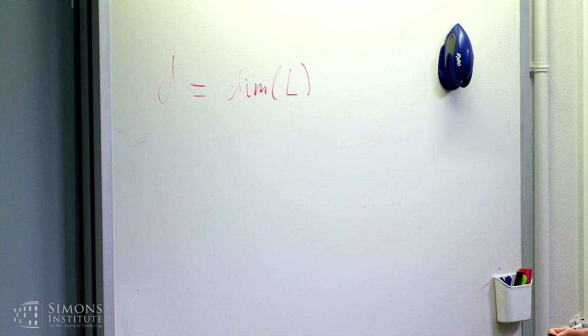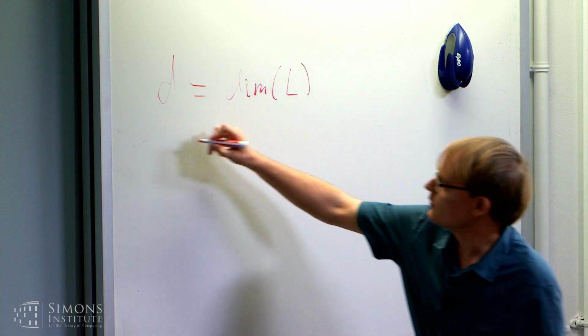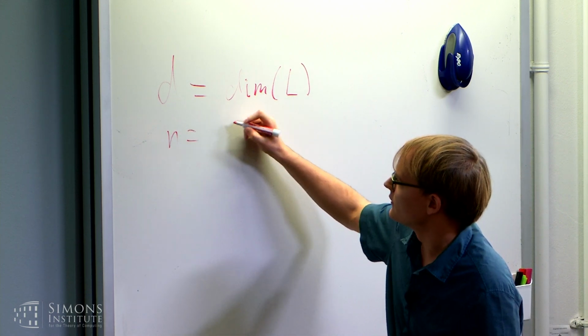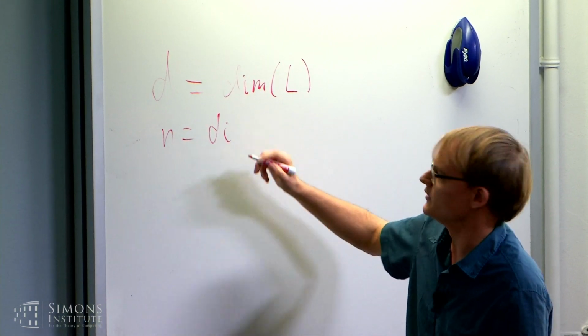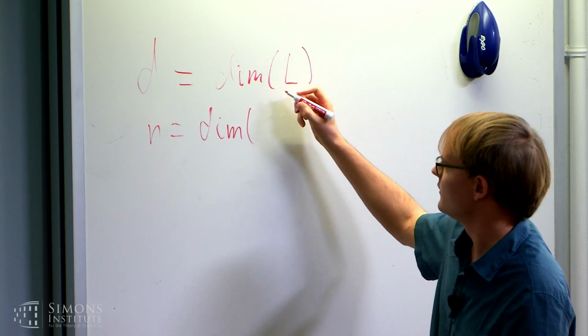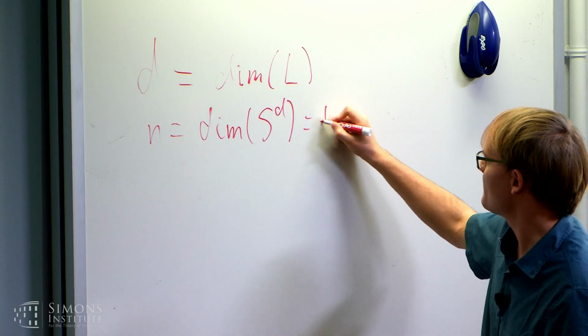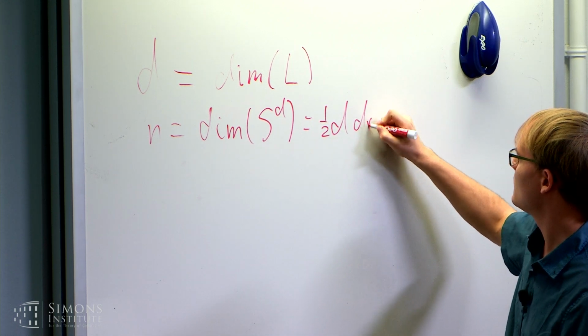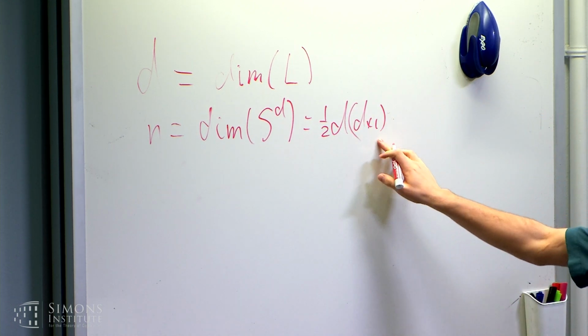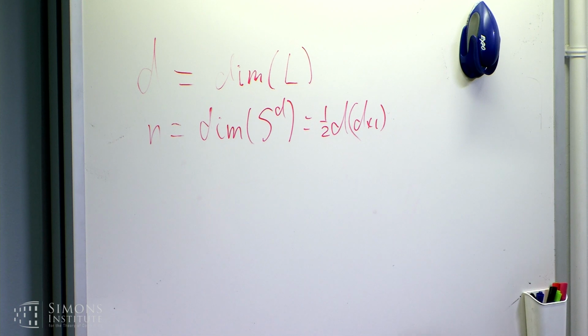And this space itself has a dimension n equal to half times D plus D minus 1. And this is just the amount of coefficients on an upper triangular matrix, or the upper triangular coefficients.